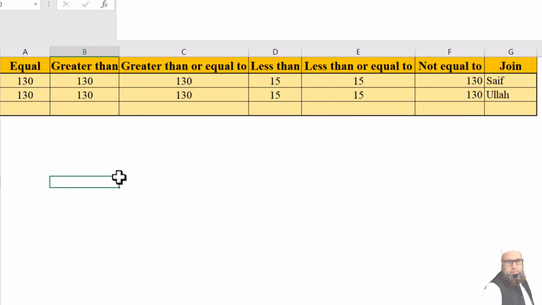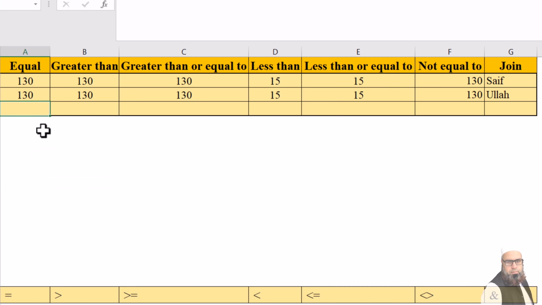Let's try logical operators. We want to compare two values and return true if both values are equal, else return false. Equal to 130 equal to 130. And that's true that both these values are equal. This function can also be used in text form if we want to check whether these texts in two different cells are equal or not.